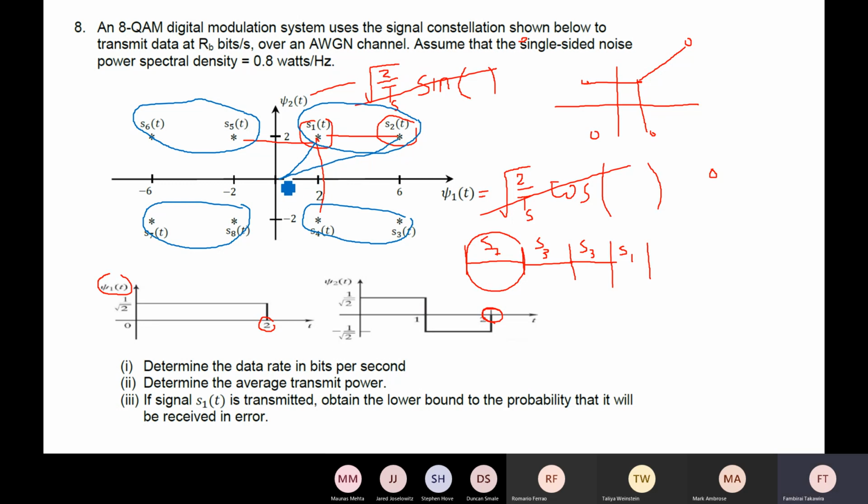Instead of adding all 8 and dividing by 8, we can simply find the energy of the signals in one quadrant and then divide by 2, because there are 2 signals in a quadrant. So the energy of S1 is simply given by this here, which is root E1, and this here is root E2.